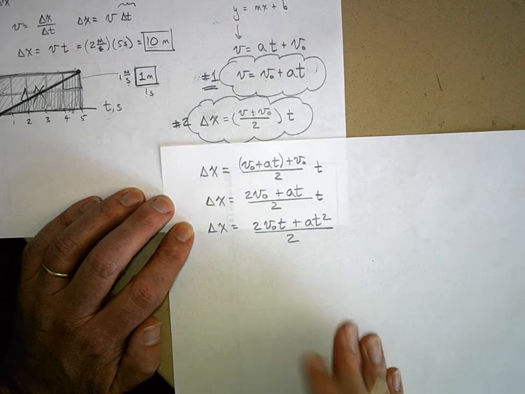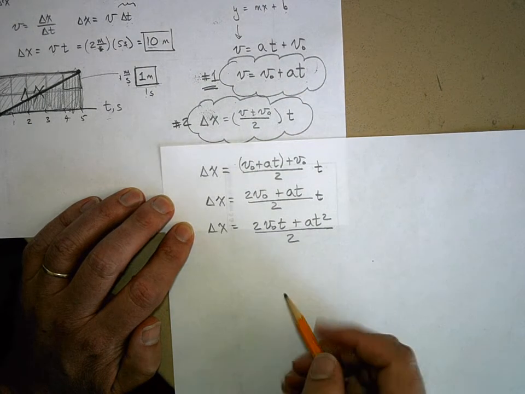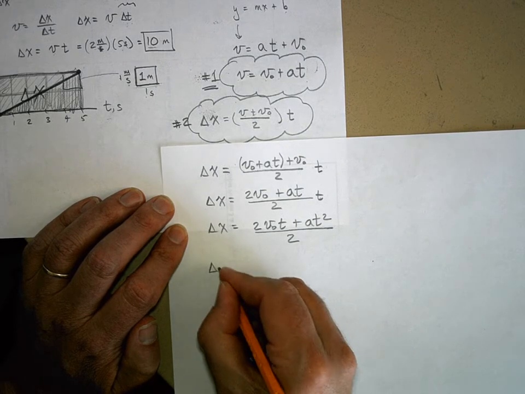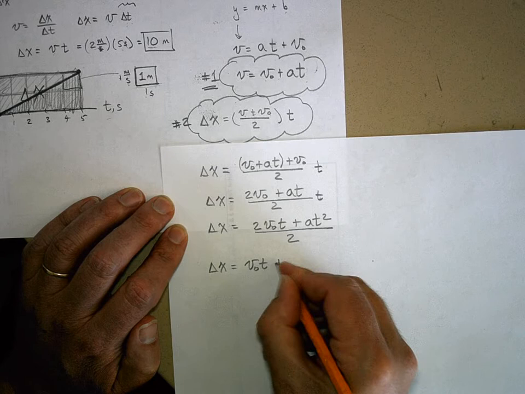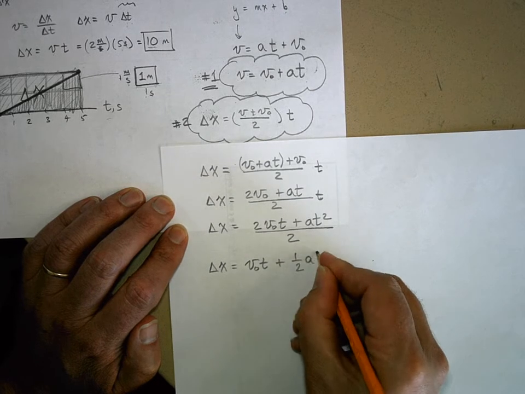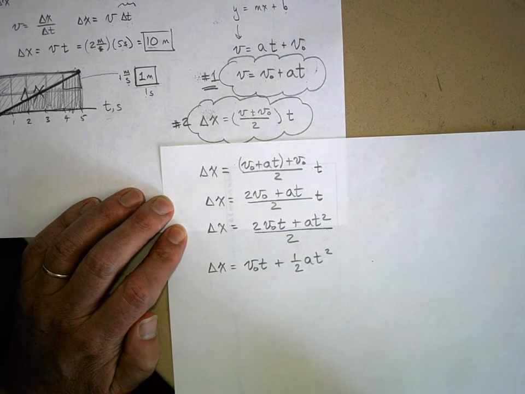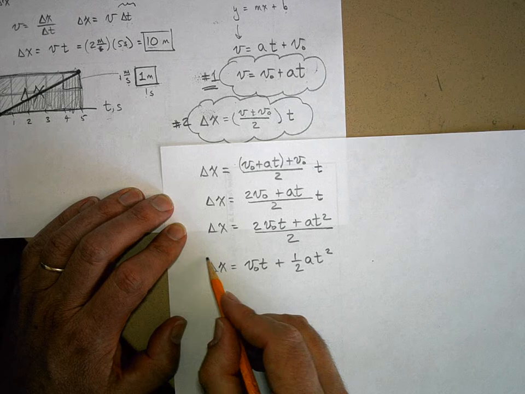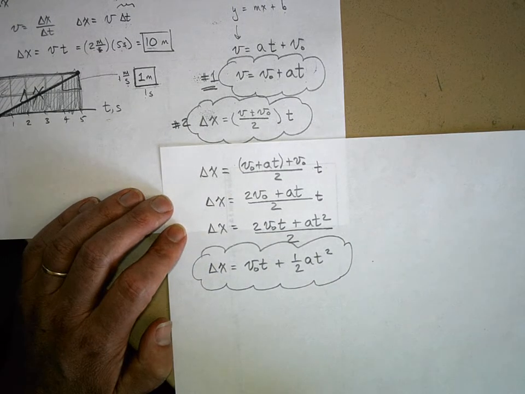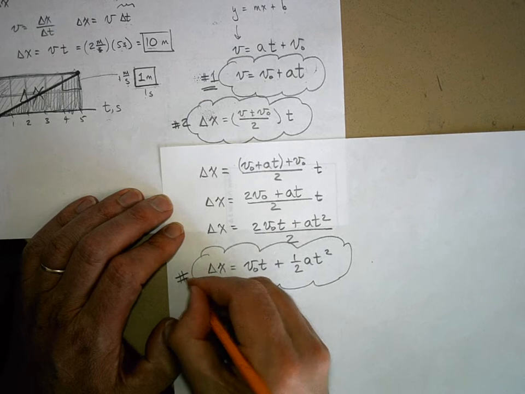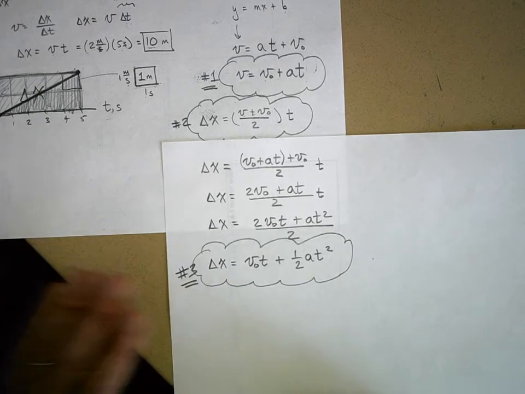And now I'm going to divide both those by 2 and get my final expression: v naught times t plus 1/2 a t squared. This is my third kinematic equation. This is number 3 that I use to solve problems.